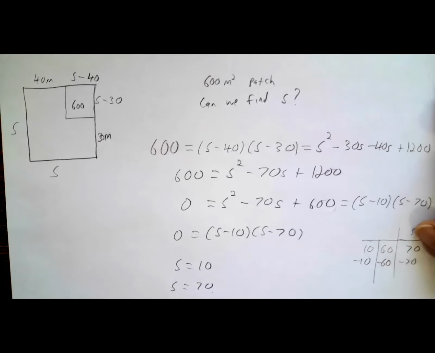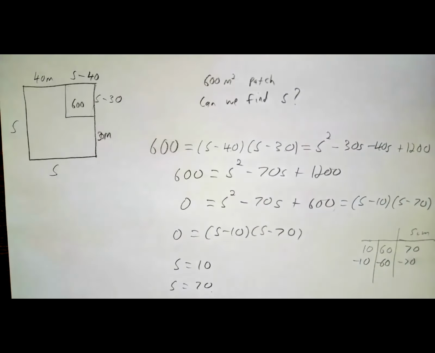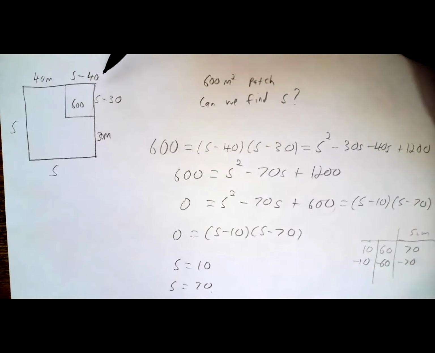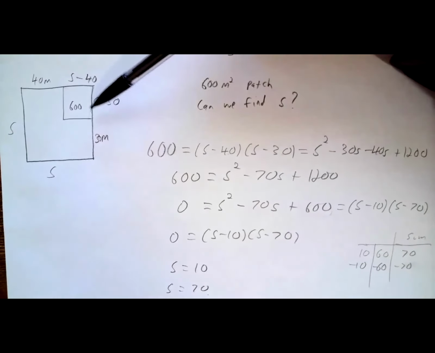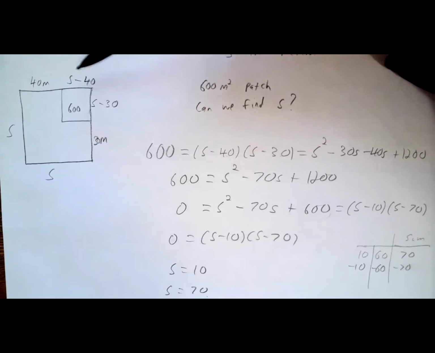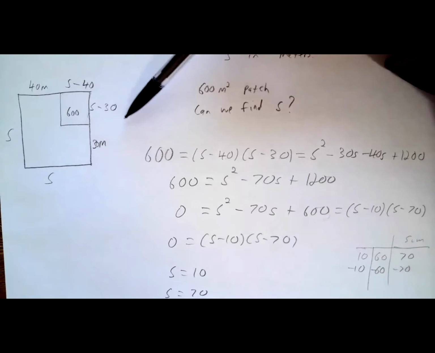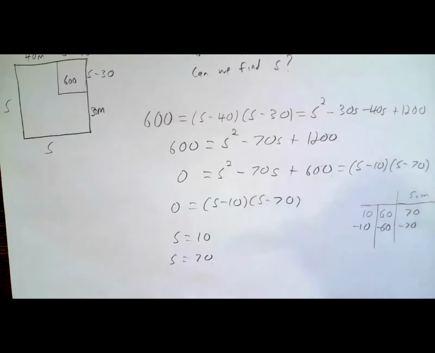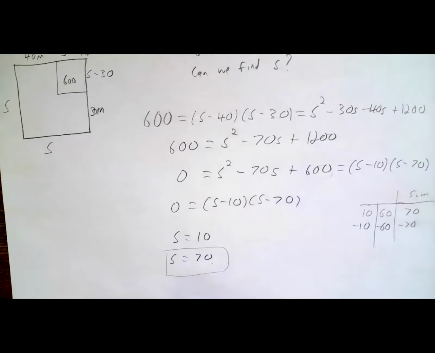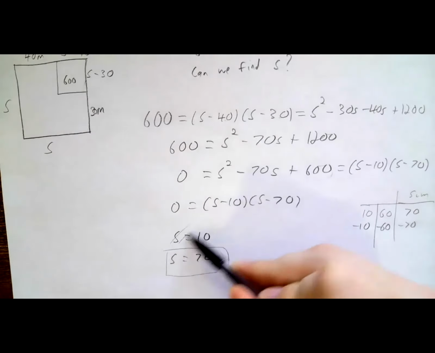If you look back at the problem, S minus 40 and S minus 30 need to be the lengths of this pumpkin patch, right? So S is going to have to be bigger than 40 in order for S minus 40 to make sense as a side length, which means I want to pick S equals 60 and exclude S equals 10.